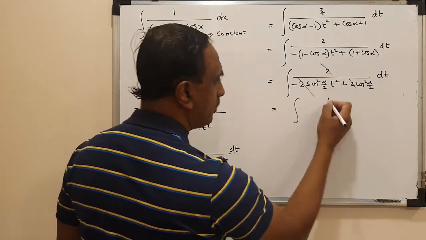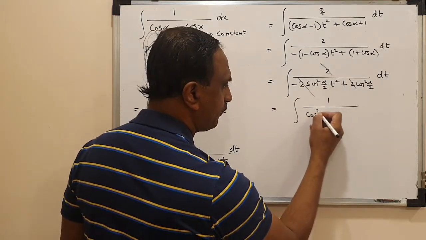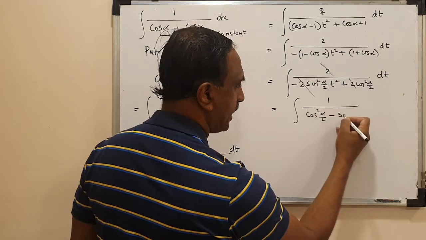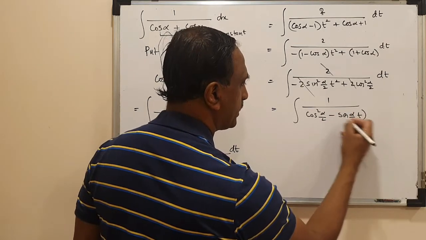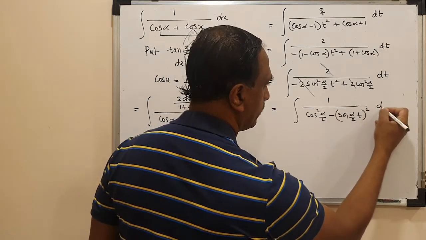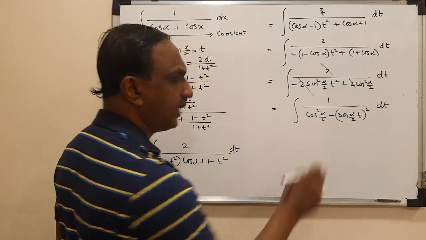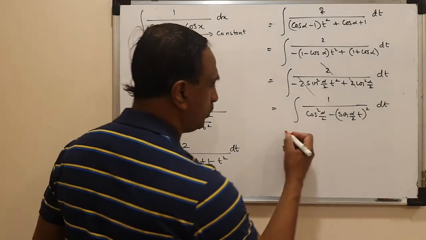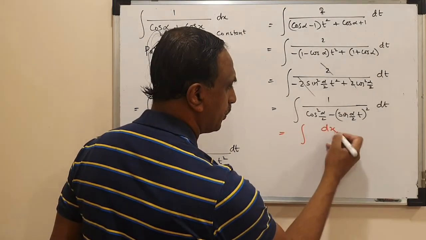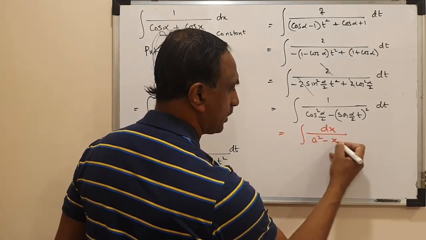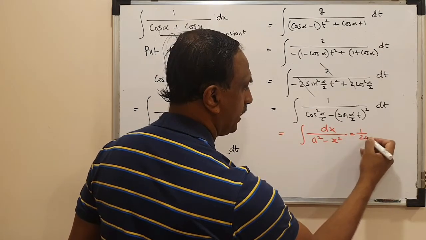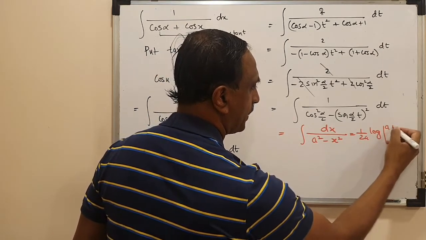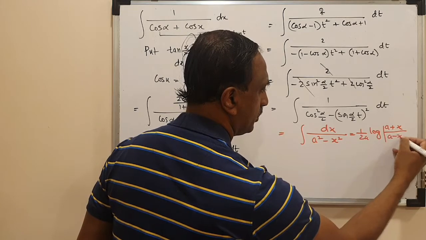Now I can write 1 over constant first and sine alpha by 2 into t second dt. This is like a square minus x square. So this is similar to dx upon a square minus x square, which is 1 by 2a log of a plus x upon a minus x.